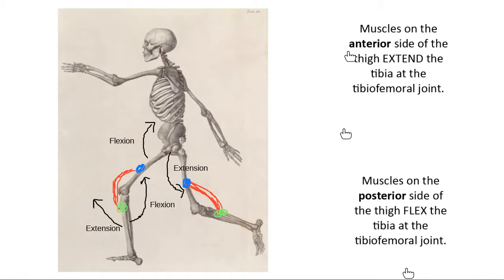If you just want to memorize that if you're on the anterior thigh, you extend the tibia, there's nothing wrong with that. If you can just straight memorize that rule, go for it. You don't have to understand it. If you want to understand it, I'm trying to help you understand. But if you want to just memorize that rule, knock yourself out. That's totally okay. I want to help you understand, but if you feel like it's confusing you, you don't have to understand it to be able to memorize it. So do what works for you.